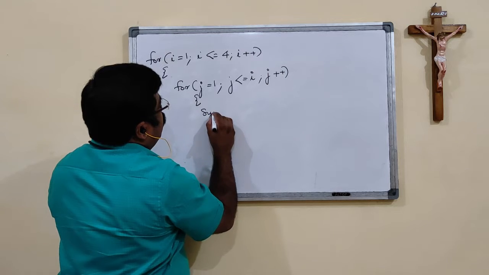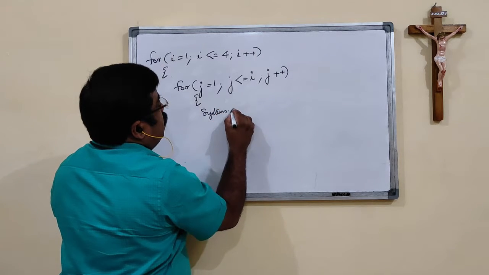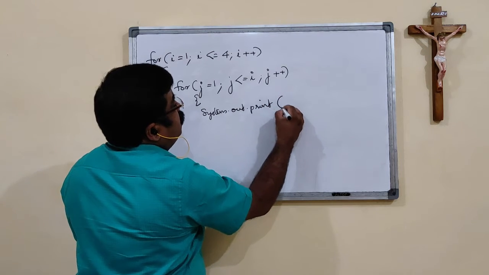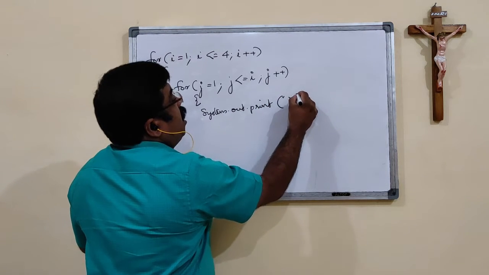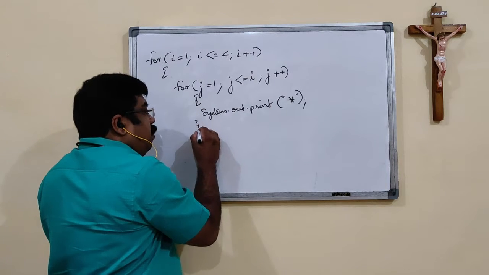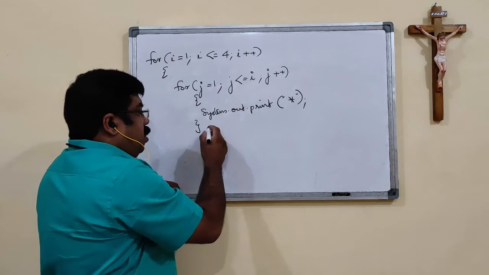Here we give System.out.print a star in double quotation. Then the j loop is getting closed.